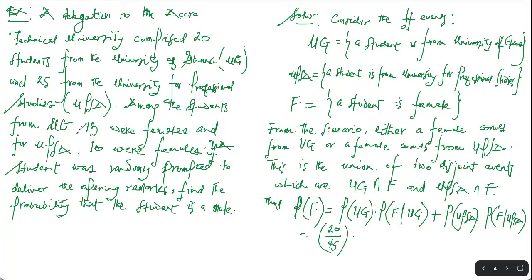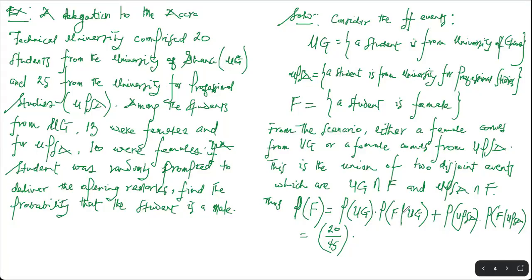Okay, so it means that the number of females from UG is 13, right? Therefore, the conditional probability of being a female from UG would now have to be the number of females from UG as a proportion of the total number of students from UG. So we're not going to find that as a proportion of the entire 45.